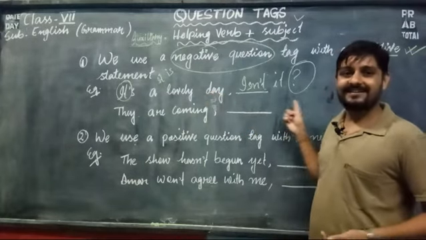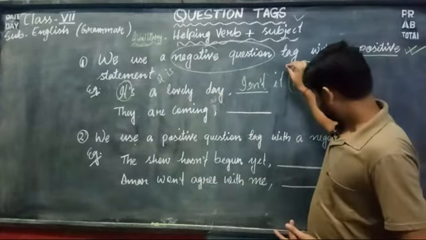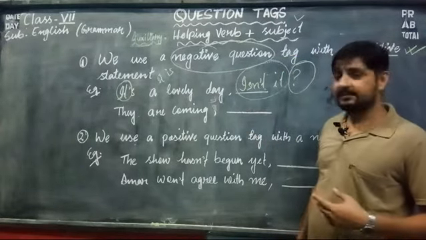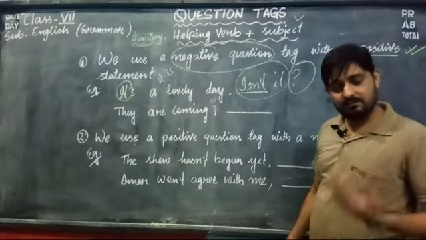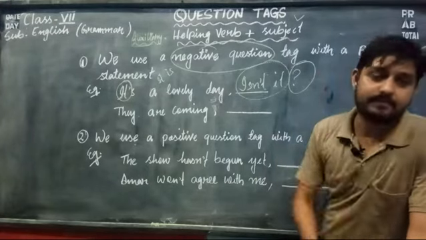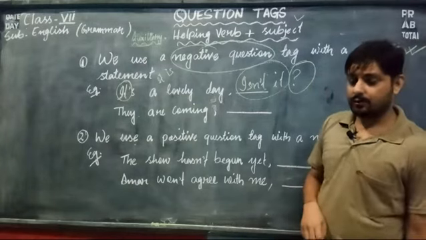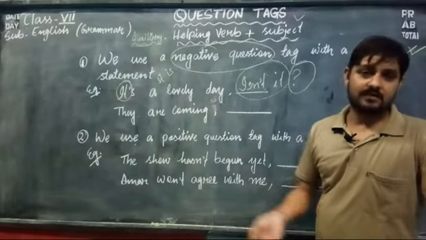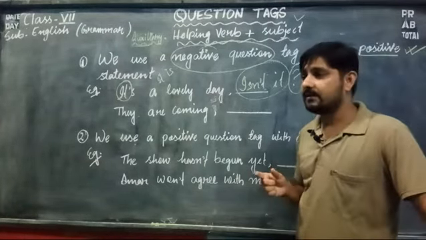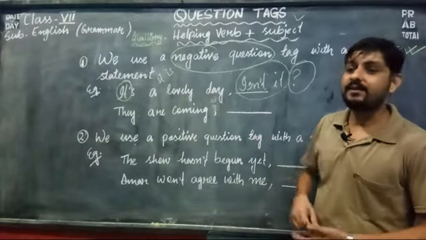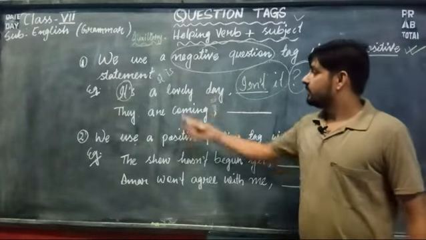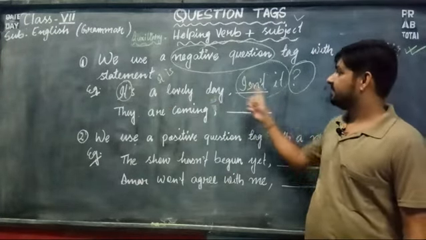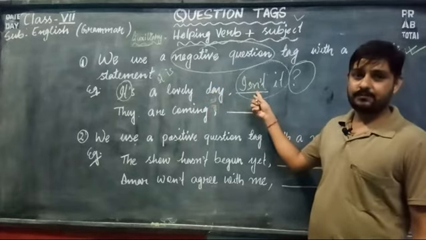A question tag is nothing but a short question we use at the end of a statement. Why do we use it? To expect something from others, that they should agree with us. So it's a lovely day, isn't it? Positive statement, negative question tag.